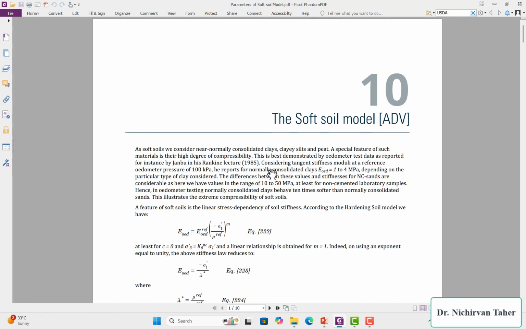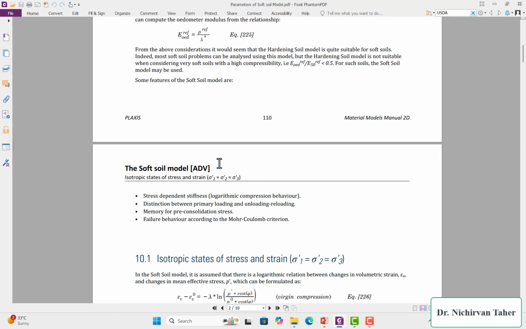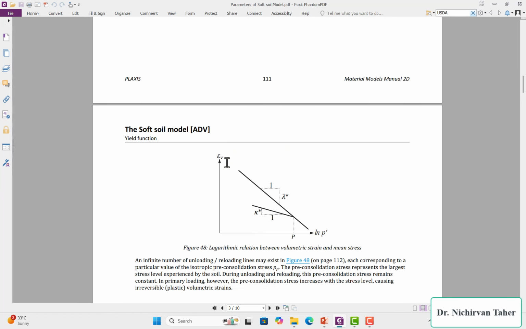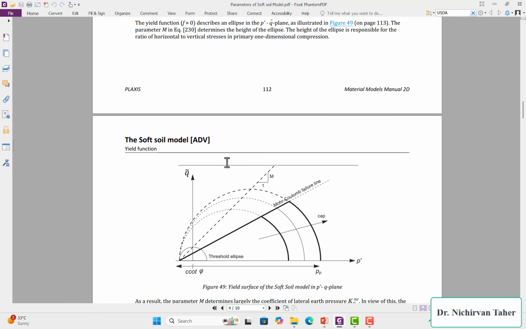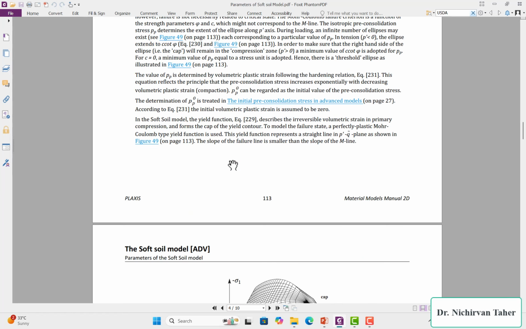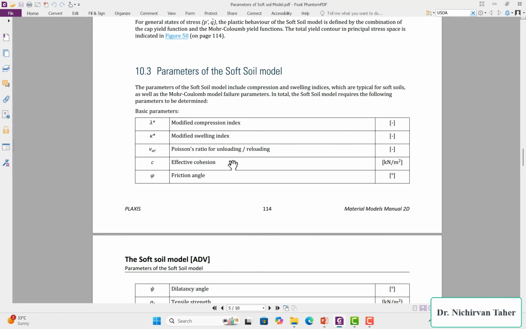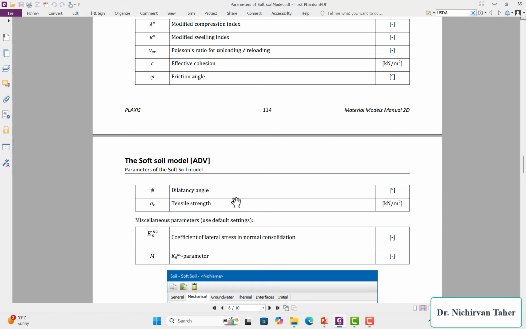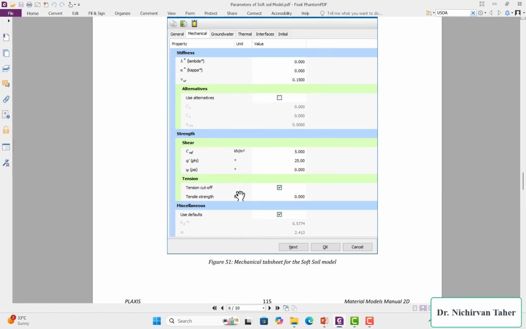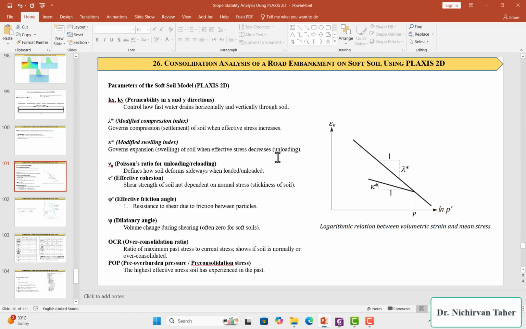I will upload this PDF under the tutorial, so you can download it and read all of it, and you will understand in depth what this soft soil model is and all the important parameters.